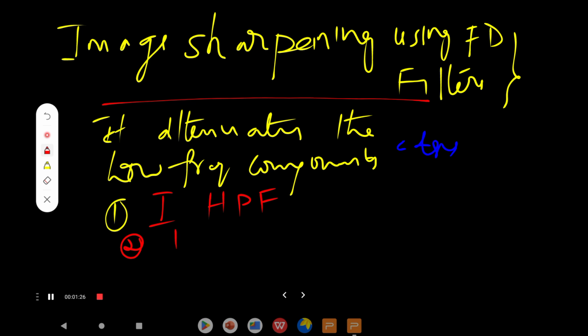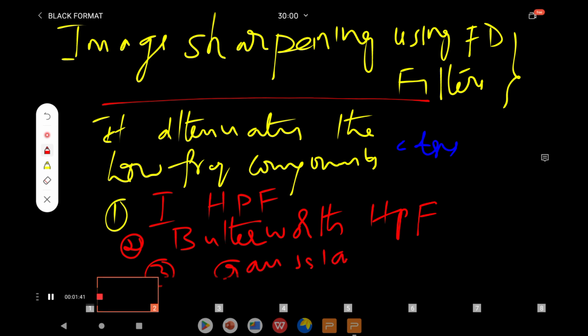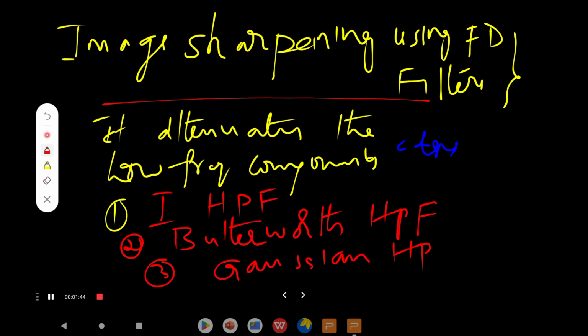The second one is the Butterworth HPF. The third one is the Gaussian HPF. These are the three types of high pass filters available in the frequency domain for sharpening the images. So let's see them one by one with respect to their frequency domain equation, characteristics, and so on.